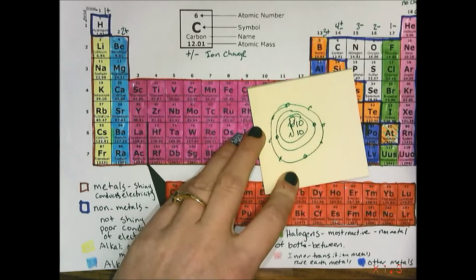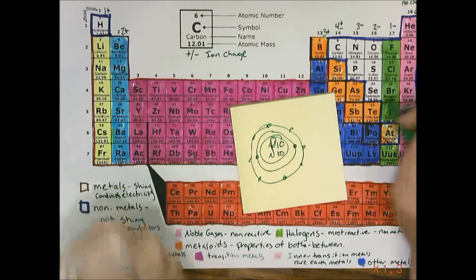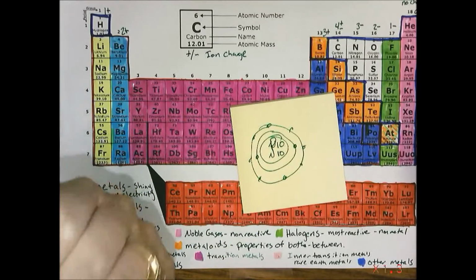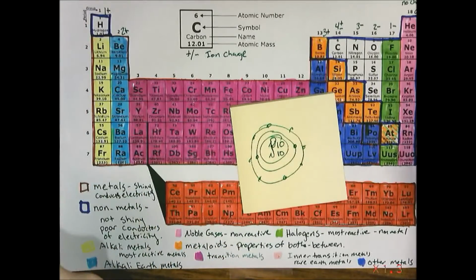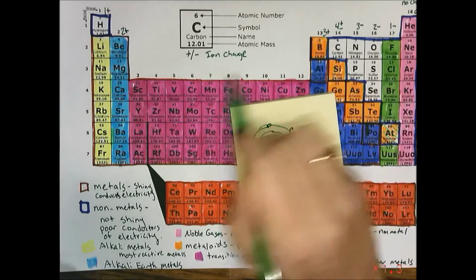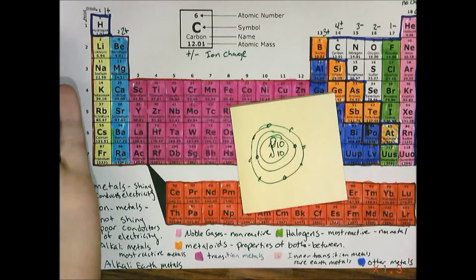So this means that this energy level can hold 8. When we get down to argon, we start to introduce some of those other energy levels that we don't understand yet, but that's going to make it so that this is going to be stable at 8 or 18. And it gets more complicated as you go. But for our testing and for what we're going to look at this year, we're going to go up through argon.